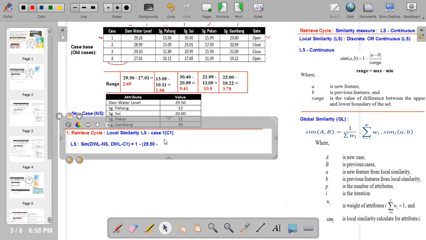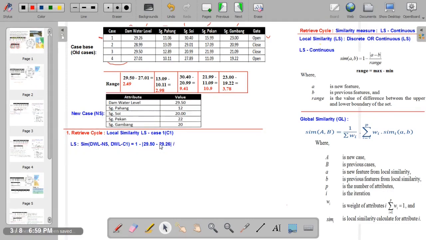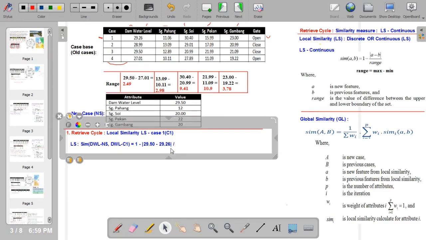So what is the value? Here is the dam water level in case 1. The value will be 29.26, right? Divided by the range. Here, we are calculating the similarity for the dam water level.